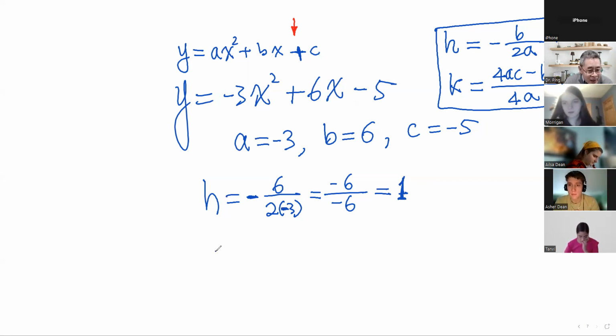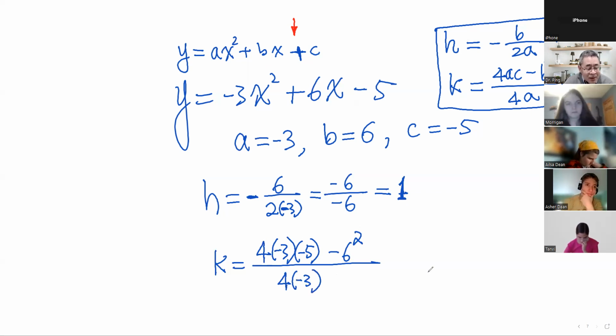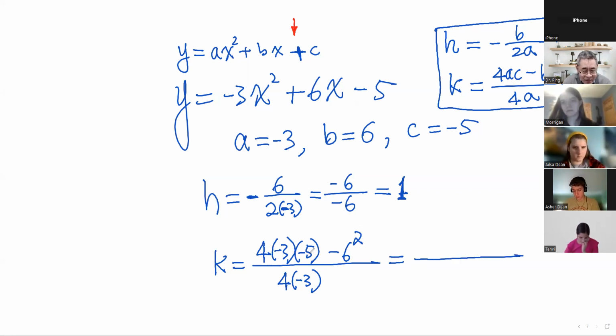Now, when we have K is 4, A is -3, our C is -5. The minus B squared, which is 6 squared, and over 4A. 4A is -3. Okay. Yeah, and then what we have? We got 4 times 5 is, first of all, negative times negative is positive.